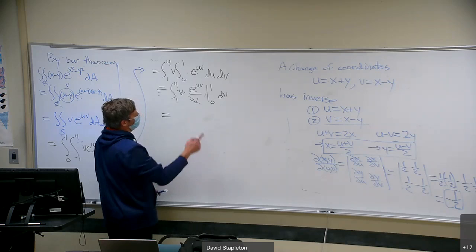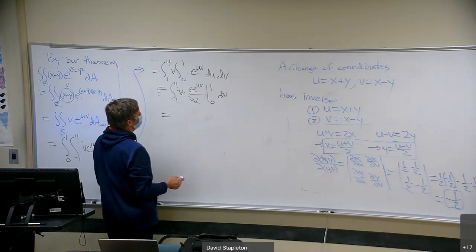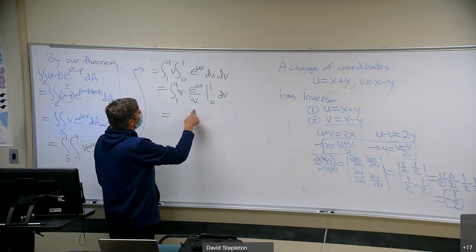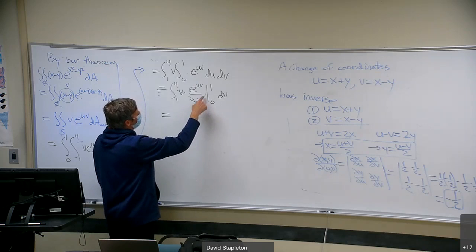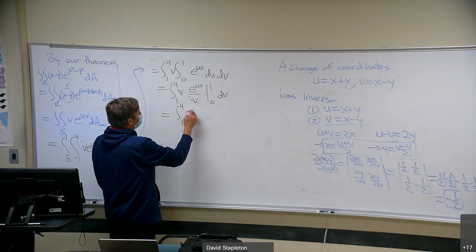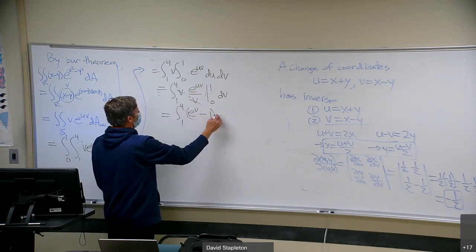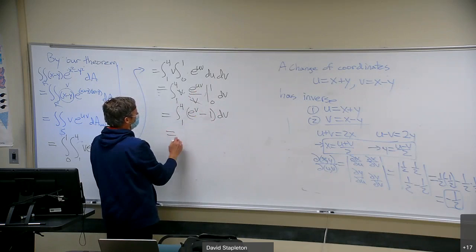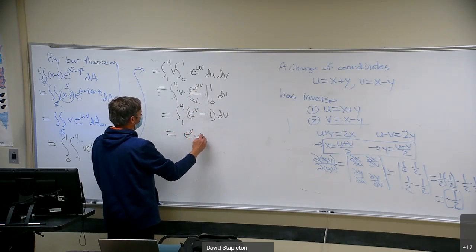Even with the coordinate transformation, you still have to kind of cook it a little. All right, so you plug in u equals 1, and you get e to the v. You plug in u equals 0, and you get e to the 0, which is 1. So we need to integrate this. Now this isn't hard at all, right? The integral of e to the v is e to the v. The integral of 1 is v. We're going to plug in 1 and 4 and take the difference.